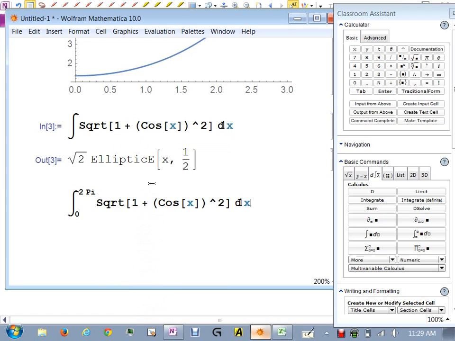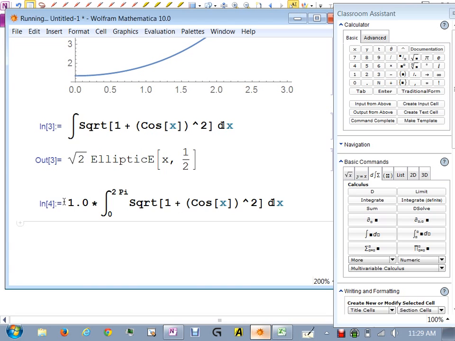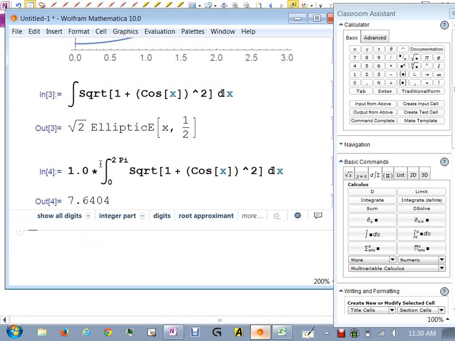Then I'm going to multiply this times 1.0, and that'll give us a decimal answer. Approximately 7.6404. So the computer was able to get us an answer, and it's doing it using power series. But we're just not there yet.